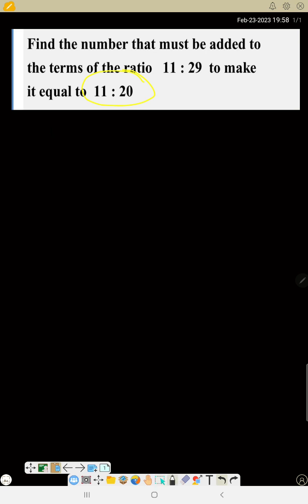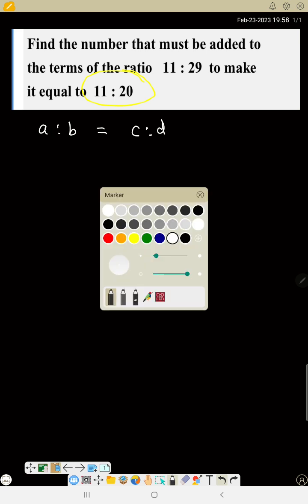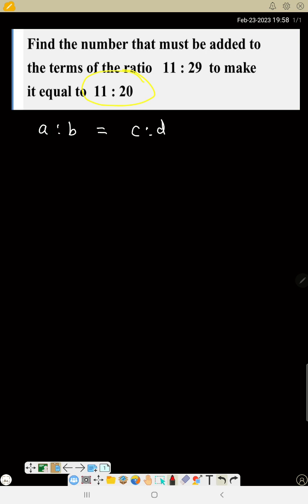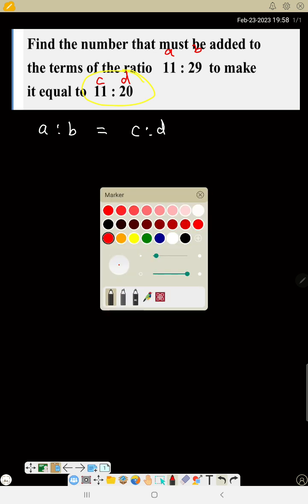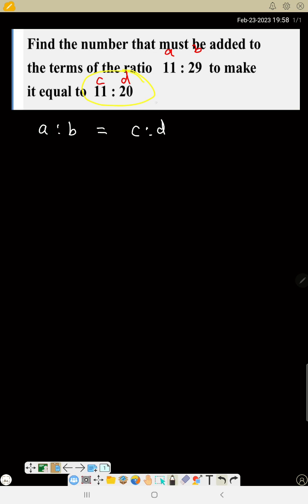If you are to find the number that must be added to each term of the ratio, let me say a ratio b, to change it to c ratio d, just like in this our question now, you can say this is a, this is b, this is c, and this is d, so that you can easily grab it. So what number must be added to this term to change it to this?